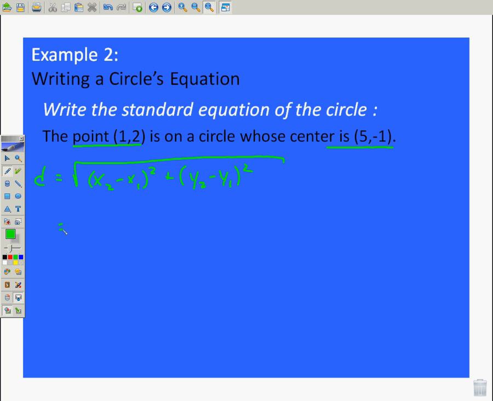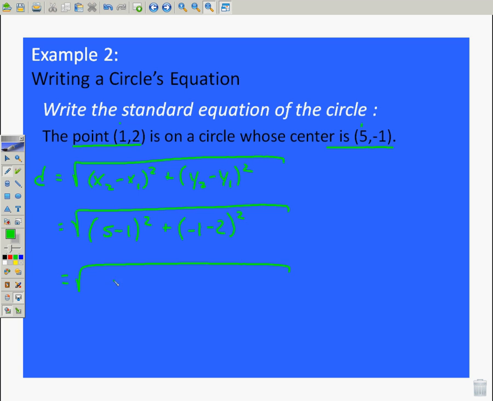I'm going to say that this is going to be the square root of 5 minus 1 squared plus. So I did 5 minus 1, and then I'm going to have to do negative 1 minus 2 squared. All right, let's simplify.